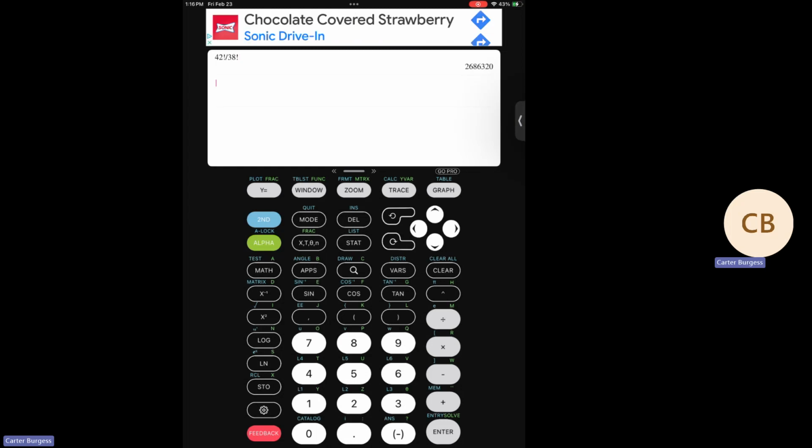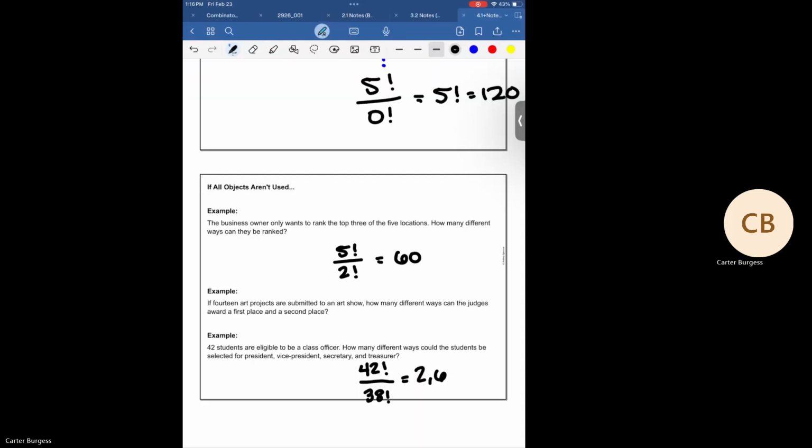The calculator has not done this prior to this, but has decided that today is the day for errors. Cool. 2,686,320 ways to do this. Sure, which is the same as 42 times 41 times 40 times 39.